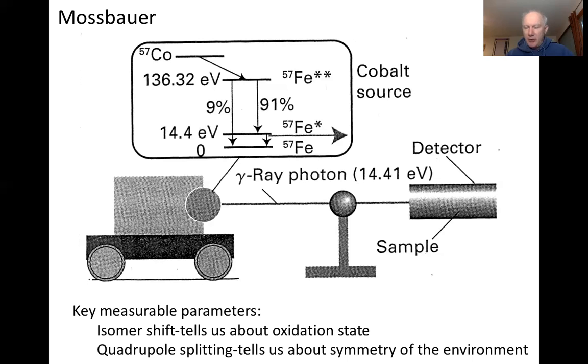But it turns out that the nuclear energy levels are really tiny, slightly affected by the chemical environment that the iron is in. And so the nuclear energy levels in iron metal will be just slightly different than the nuclear energy levels in hexaaqua iron.